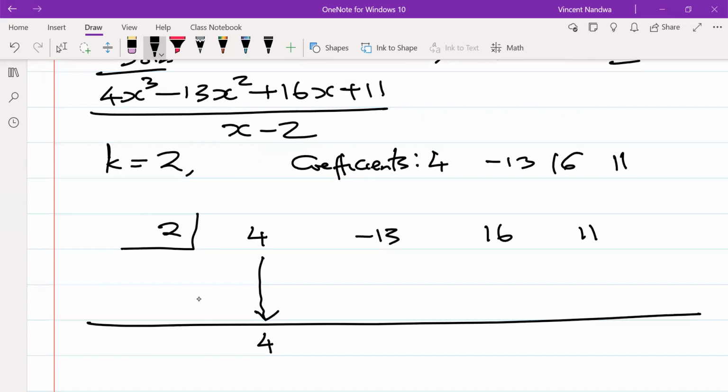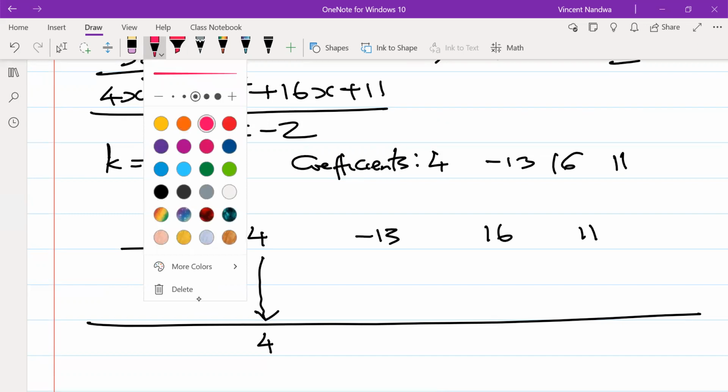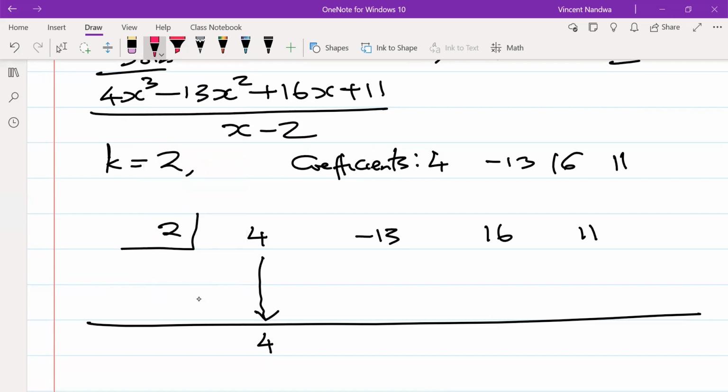Then multiply by 2 to get 8, and then I write it in the second row. And then minus 13 plus 8. What do you get? -5.